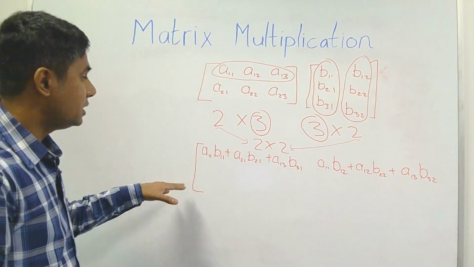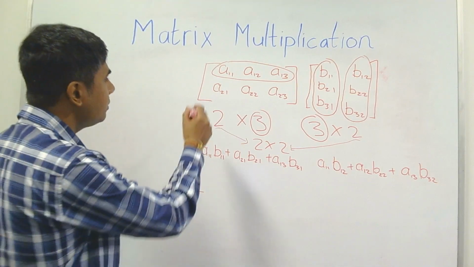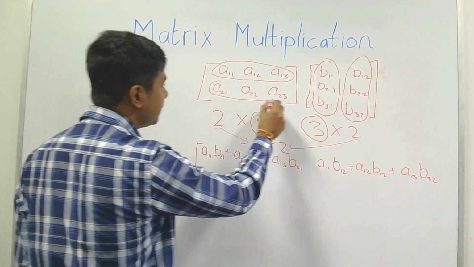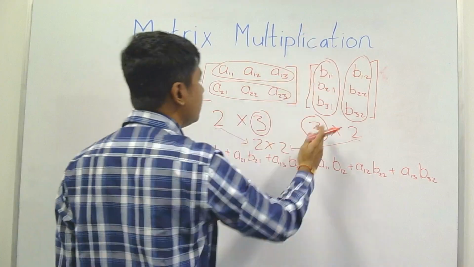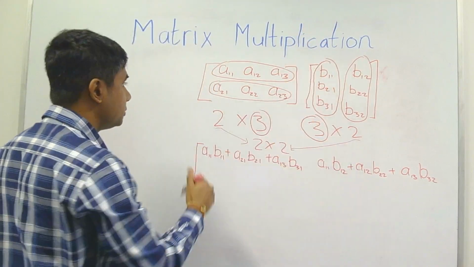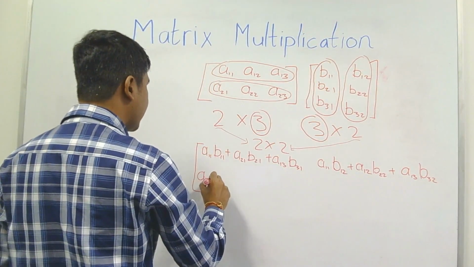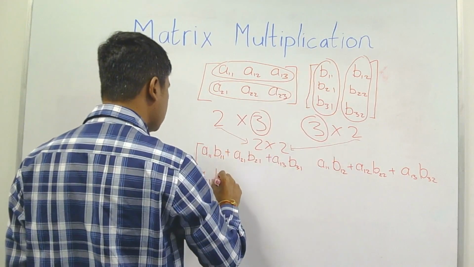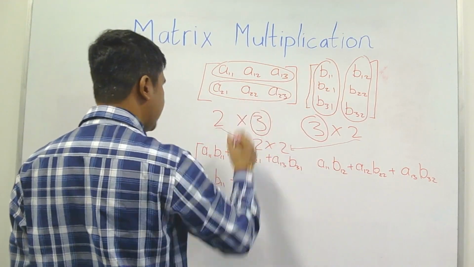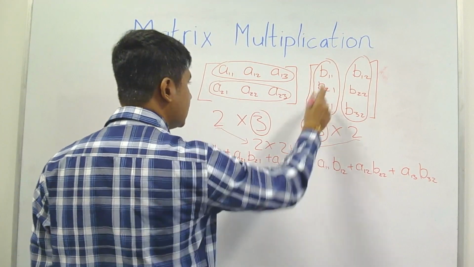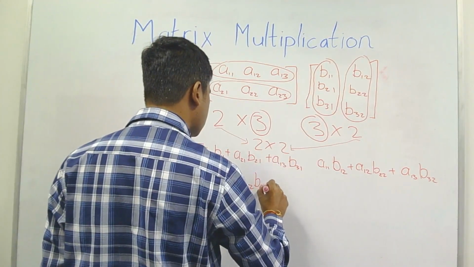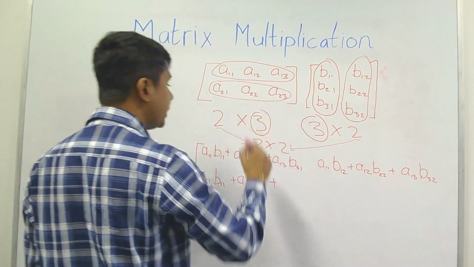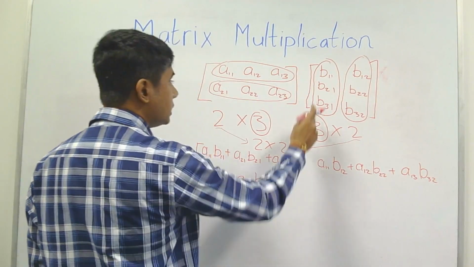Then to get the second row, all we do is the exact same thing. We take the second row of the first matrix and multiply it by the first column of the second matrix. So it's going to be A21 times B11 plus A22 times B21 plus A23 times B31.